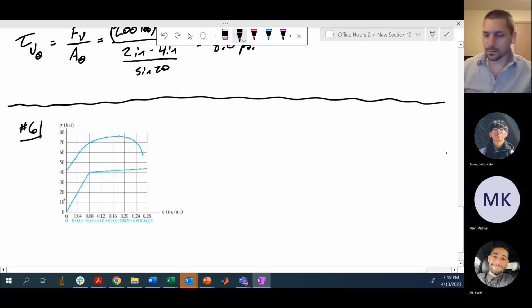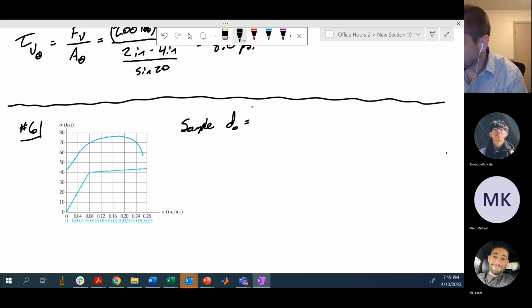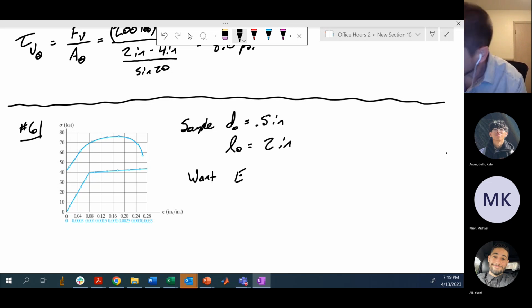Okay, so we have a sample, original diameter was 0.5 inches. And we had an original gauge length of 2 inches. And in this particular problem, we want the elastic modulus E, which is the elastic modulus.